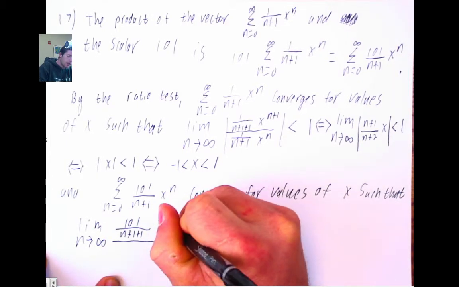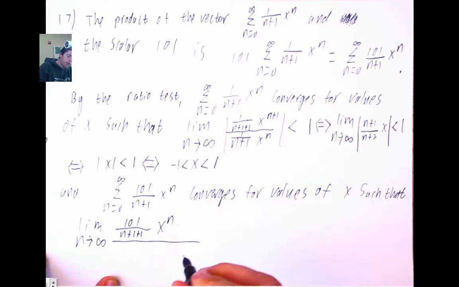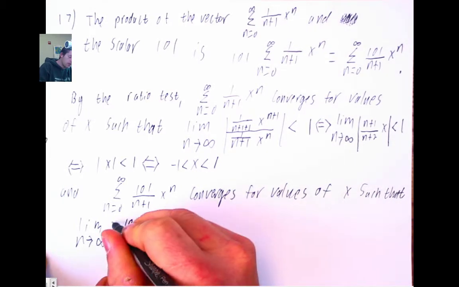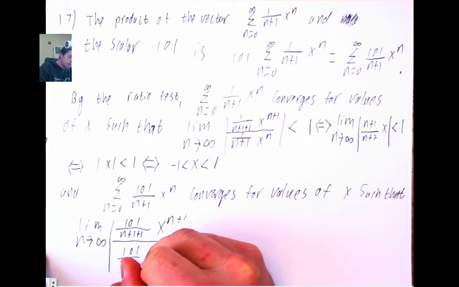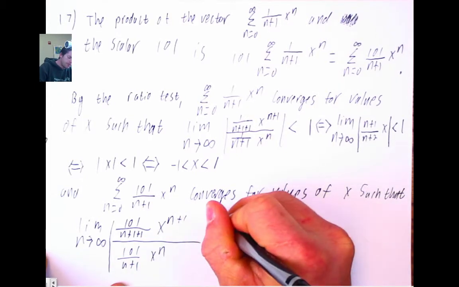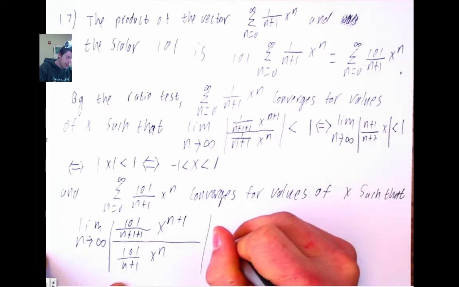That's the n plus 1th term. I put that in the numerator and I divide that by the nth term. It's 101 over n plus 1 x to the n. And let's see if this changes anything.